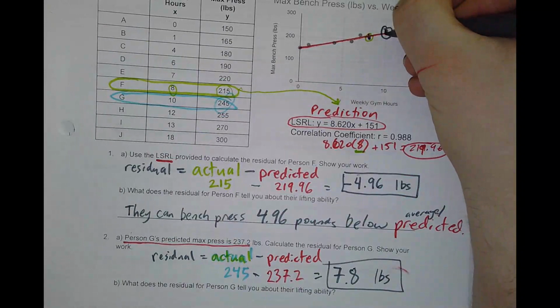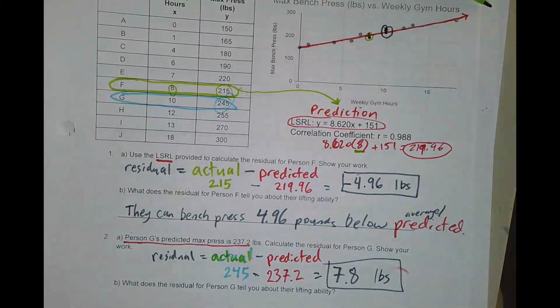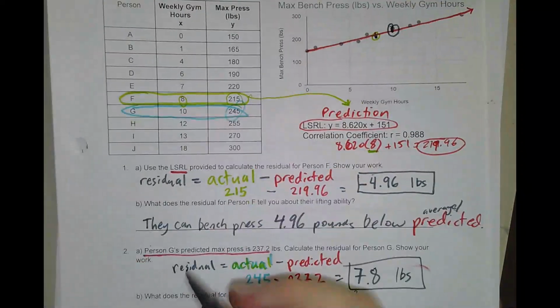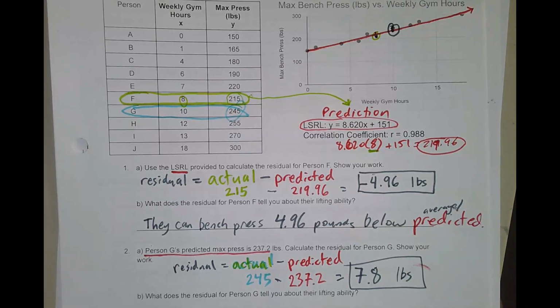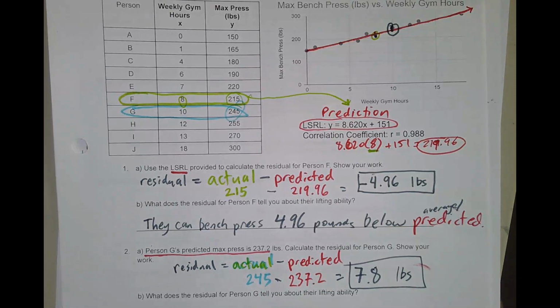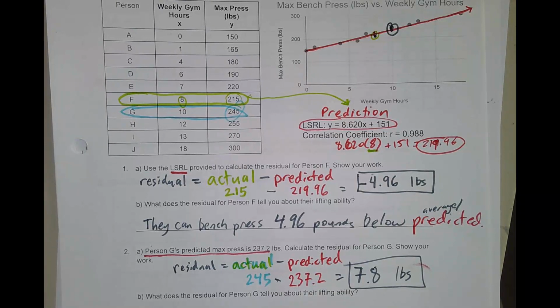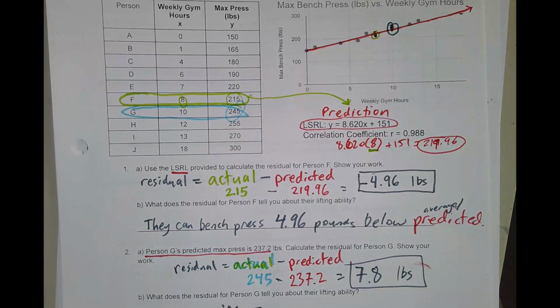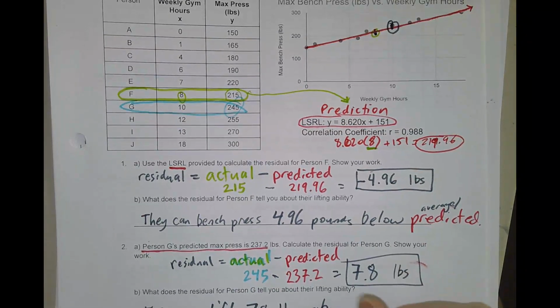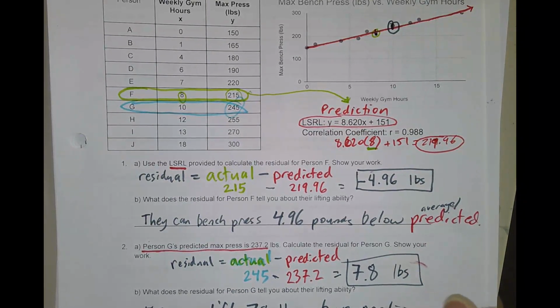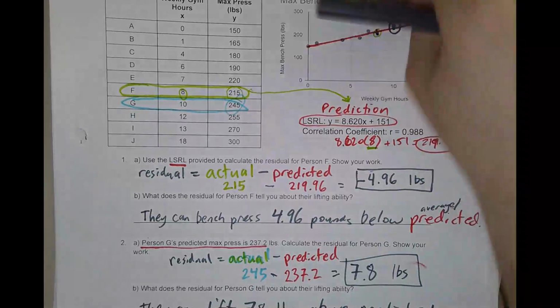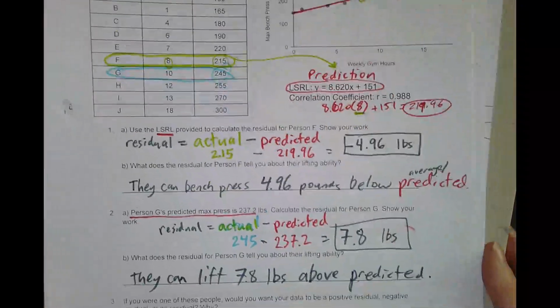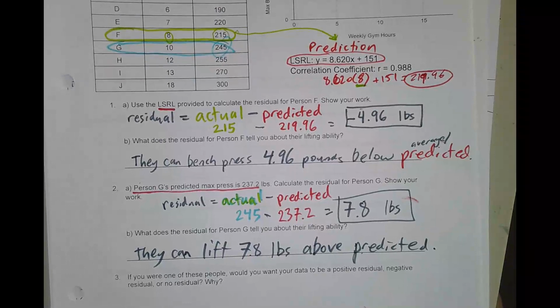Meaning, this person can lift 7.8 pounds above predicted. So they can lift 7.8 pounds, LBS or pounds, above average or predicted.